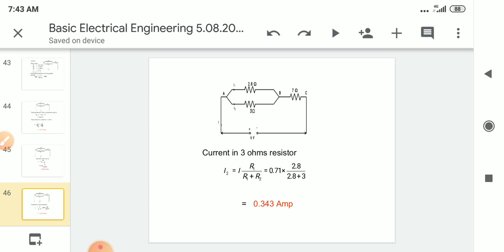So in this video we learned numerical problems related to series and parallel combination, finding the equivalent resistance to simplify circuits, the current division rule, and some more numerical problems.